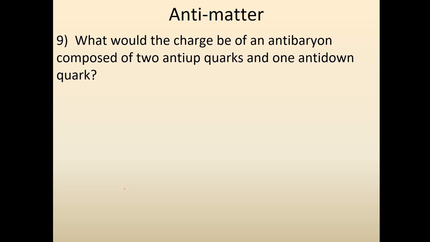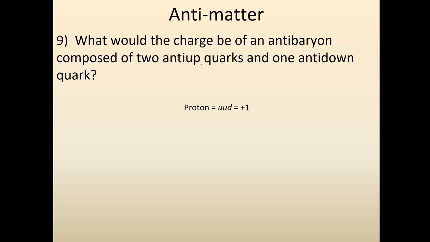All right, so we have an antibaryon that's made up of two anti-ups and one anti-down. Remember, anti-ups have the exact opposite charges. So what I can do is look at what it would be if I had normal quarks: two ups and one down.